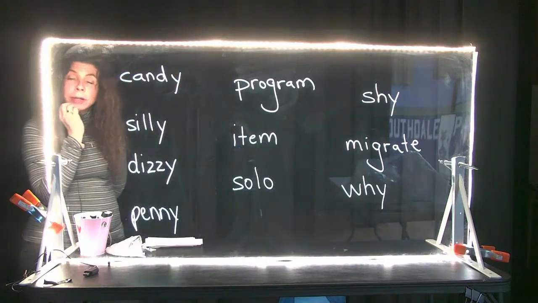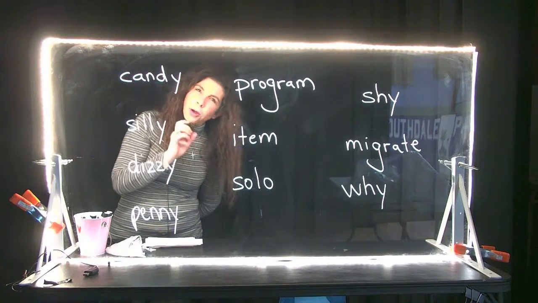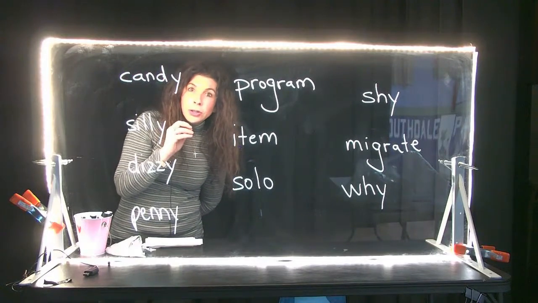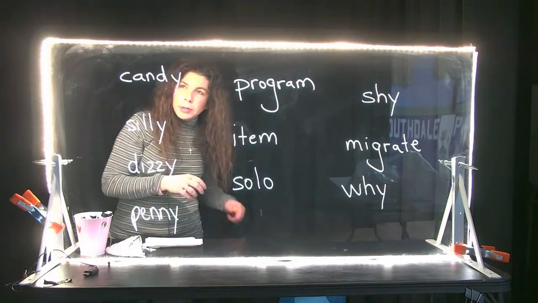Could you mark these words up? We haven't done a lot of marking in third grade, but I like for the open syllable to show you marking to show how these words are made up of different syllables.